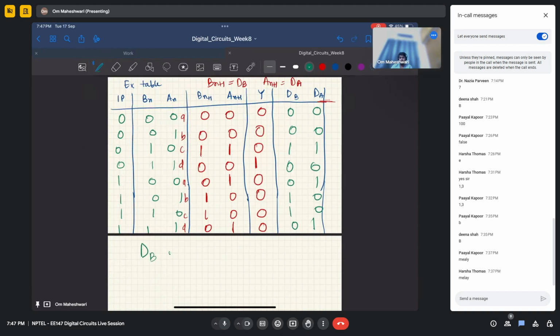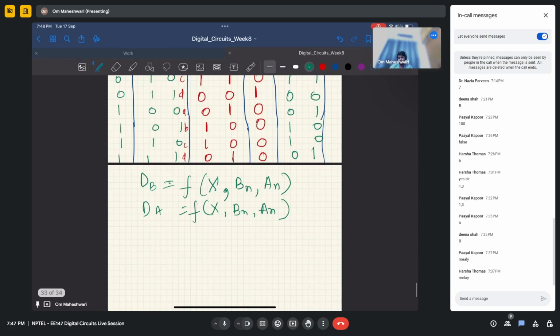dB or dA as a function of input. Let me call it x. x, Bn and An. Similarly, dA also as a function of x, Bn and An. For this, let us make a K-map.